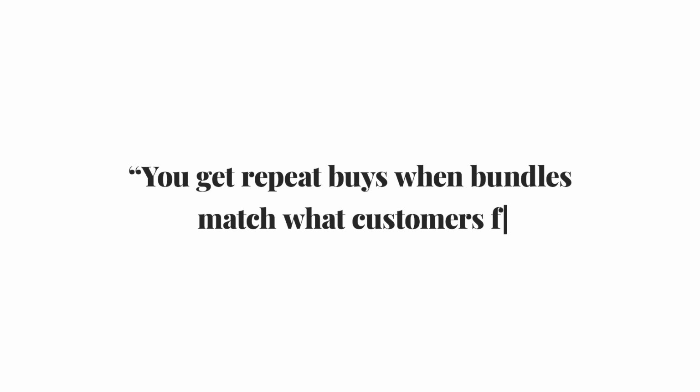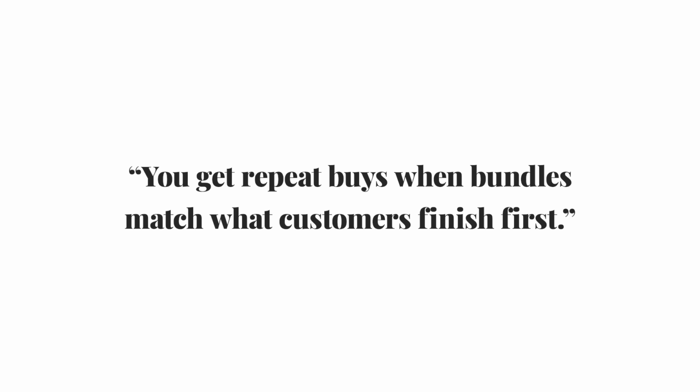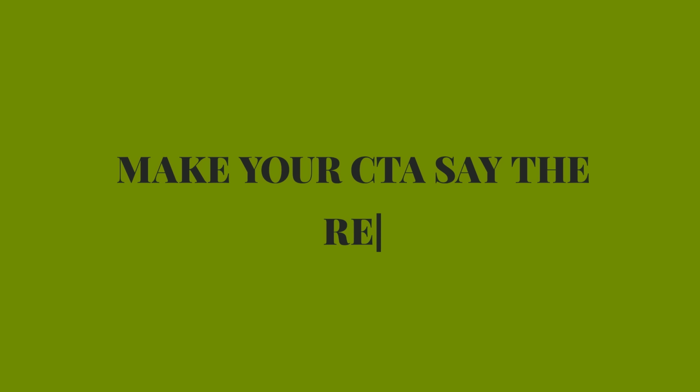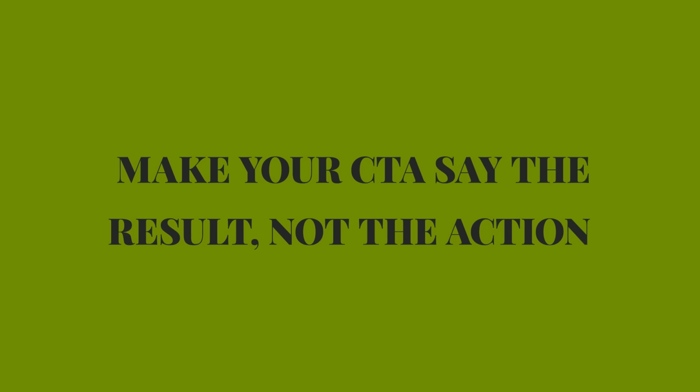You get repeat buys when bundles match what customers finish first. There's only one way to screw up this formula, and that's by stuffing too much stuff in. We don't want any long compound sentences. Keep it clean, keep it quick. One sentence, one promise.